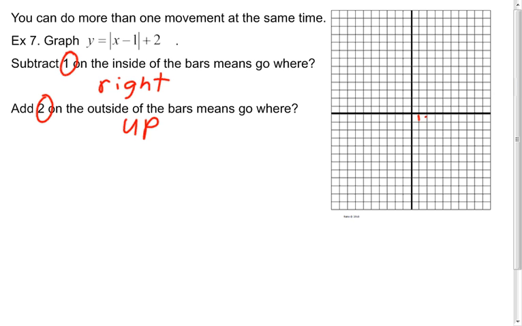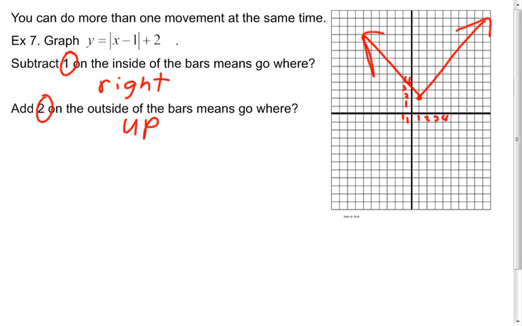So I go to the right 1, up 2, and that's where I put my dot. Is there a negative sign in front of this one? No, there isn't, so my V is going to stay going up instead of flipped over.